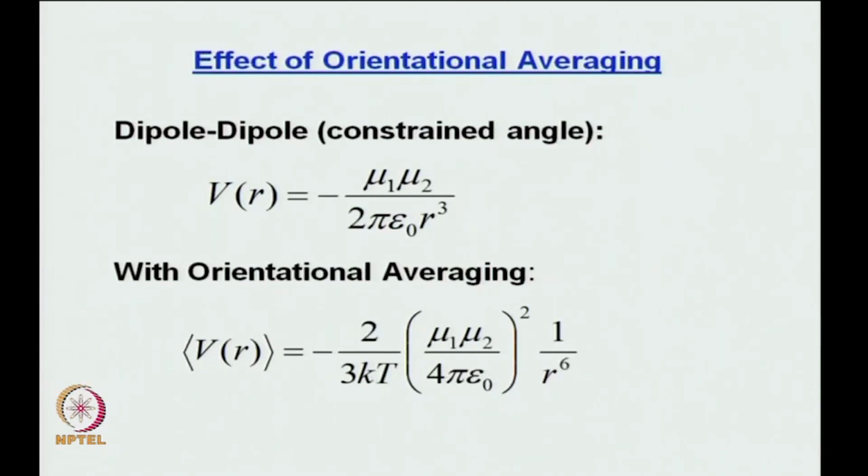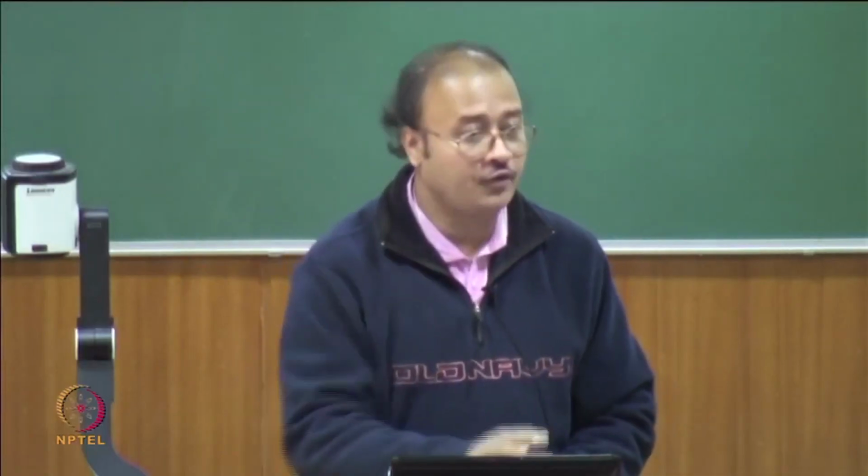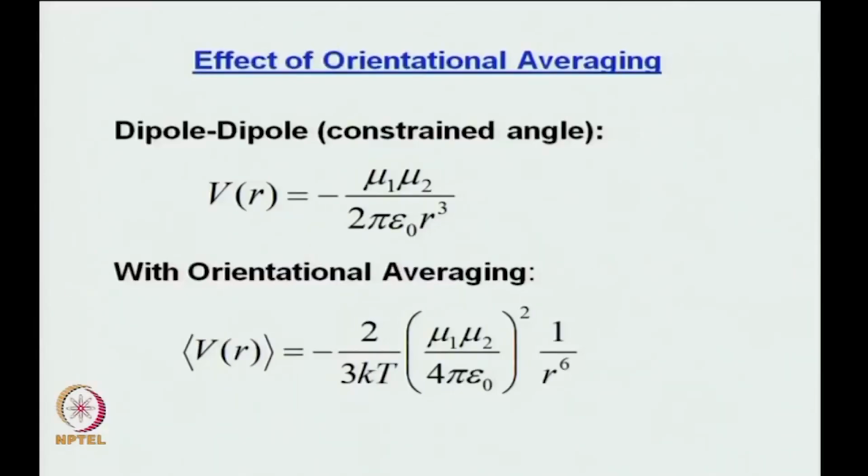Now, the same thing happens in case of a dipole dipole interaction. So, when you have a dipole dipole interaction, then V of r goes as 1 by r cubed, negative sign for attractive potential, but look at the difference.